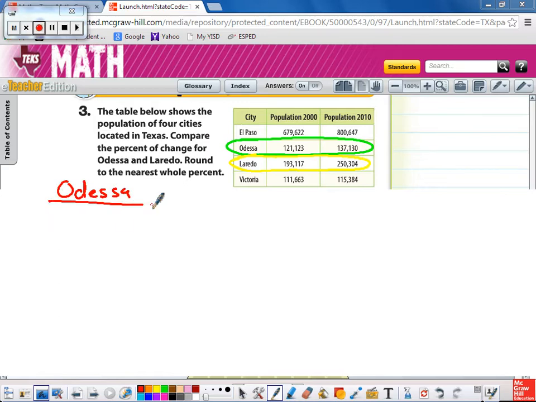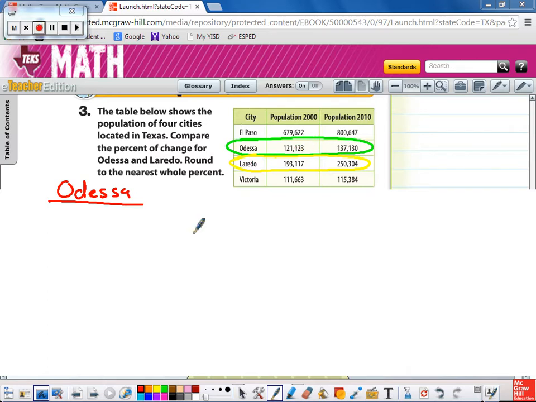So with Odessa, I'm seeing that my population in the year 2000 was 121,123 people. My population in 2010 was 137,130. As I can see, my number is increasing, so I'm going to find a percent of increase.